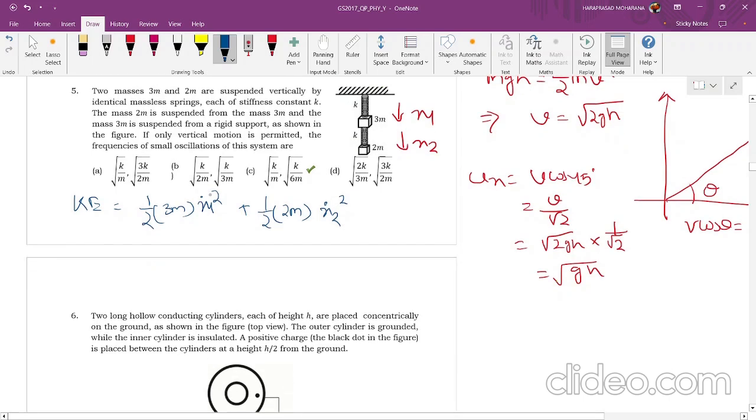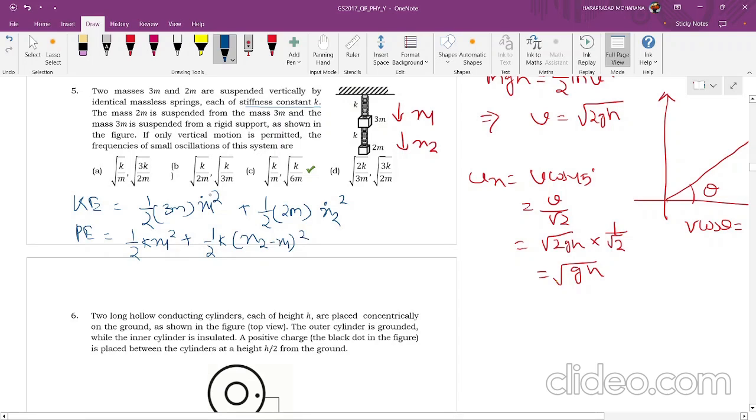Similarly, the potential energy is half kx1 square plus half K, the stiffness constant K for both the springs. The net displacement is x2 minus x1, so half K times x2 minus x1 square.